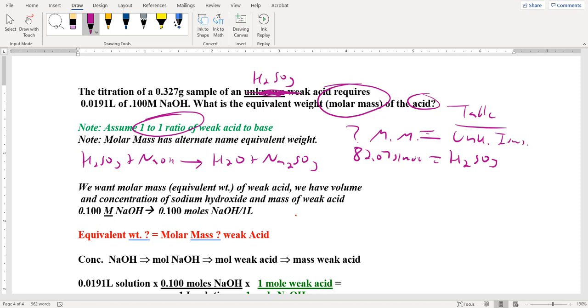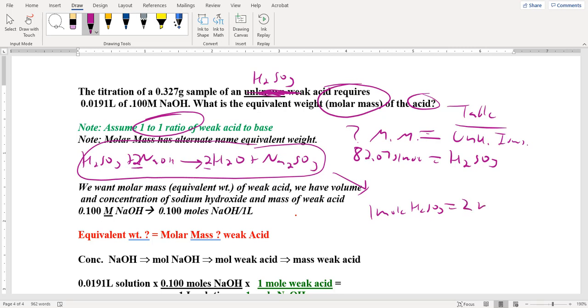And then you'd have to go ahead and balance out the equation. So in this case, there'd be a 2 here for sodium hydroxide, and then there'd be a 2 here for water. So given the balanced reaction that we just did based on the coefficients, then we would know that it would be 1 mole of H2SO3 to 2 moles of sodium hydroxide.